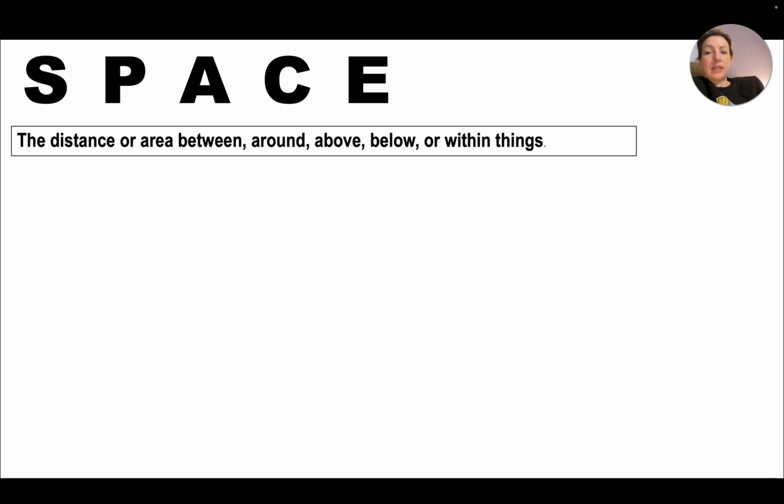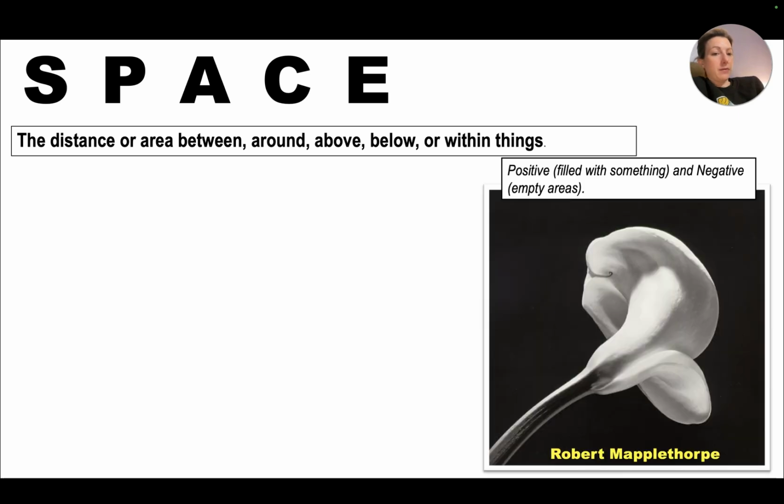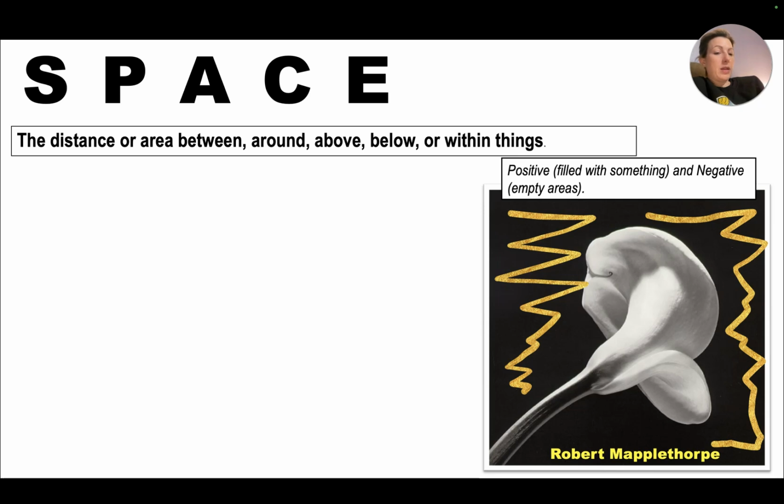Next is space. So space is the distance or area between, around, above, below, or within things. So it could be positive, which is where the space is filled with something, and negative, which are the empty areas. So the space around this calla lily would be the negative space. The actual flower is the positive space.